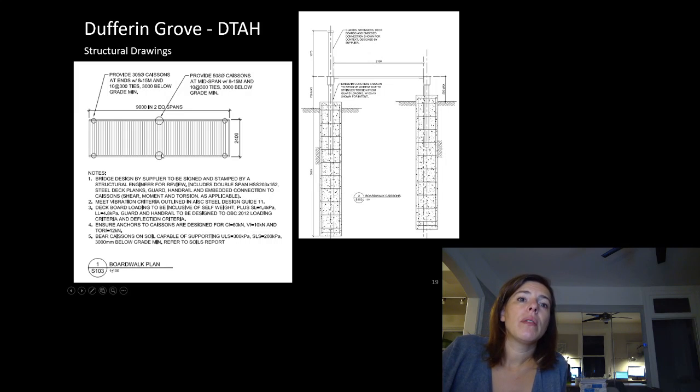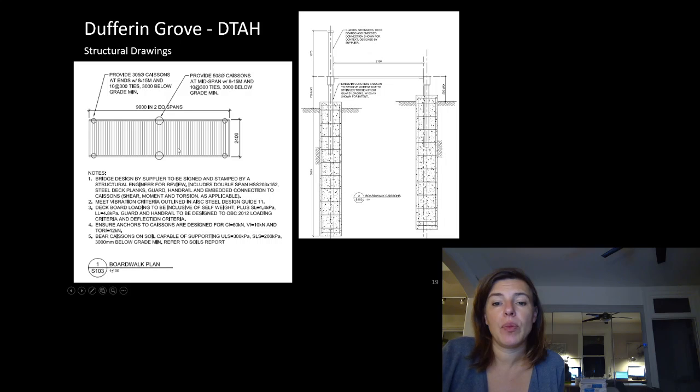These two caissons here are bigger than the end ones. You can see that they're taking half of the bridge load each, or a quarter of the bridge load, and then these ones are each taking an eighth, or this quarter of the end of the bridge. In our condition where we only had 4 bearing supports, we had 4 sonotubes this size, 1 at each corner, because then each side was taking half of the bridge.